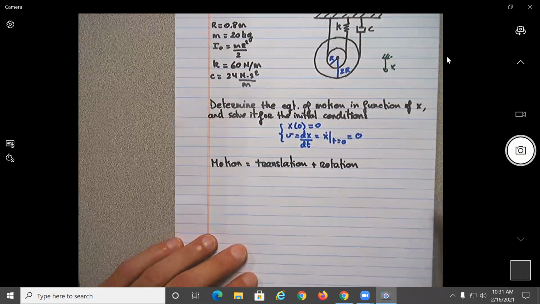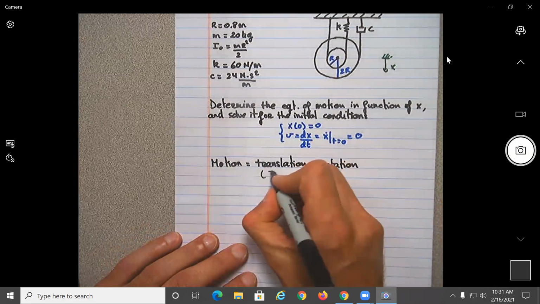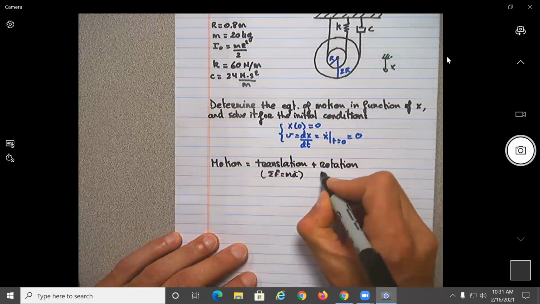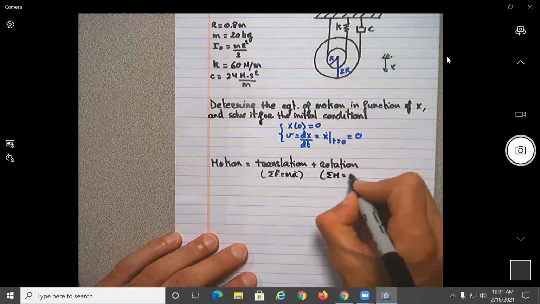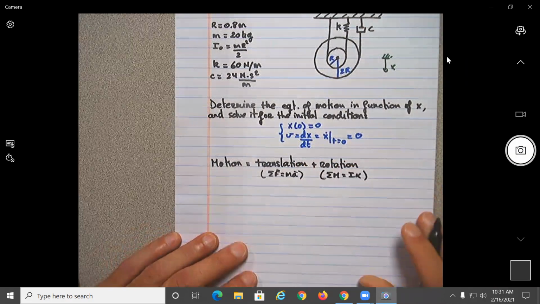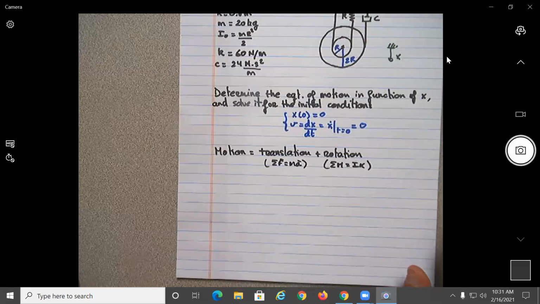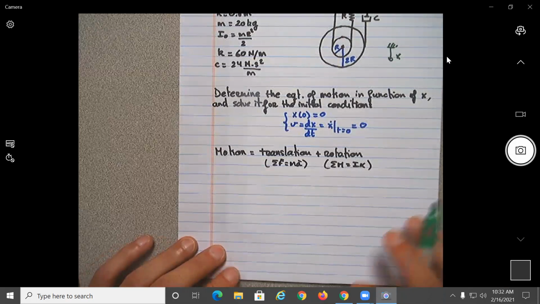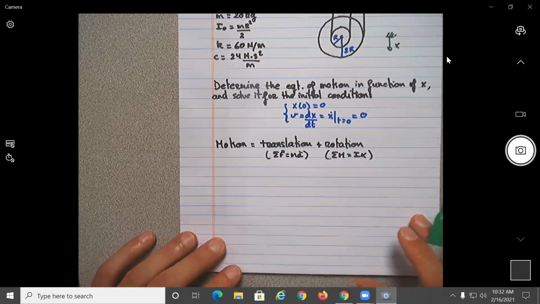So what that puts in my head is that I know I'm going to need summation of forces equals to ma, and for this one, summation of moments equals to I alpha.